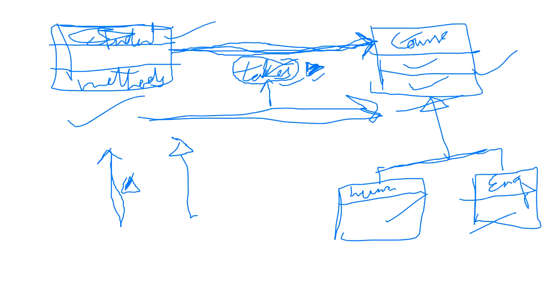Then we have seen aggregation like this. Suppose there is an aggregation relationship between course and this humanities and engineering class. So what is meant by aggregation? Tell me.